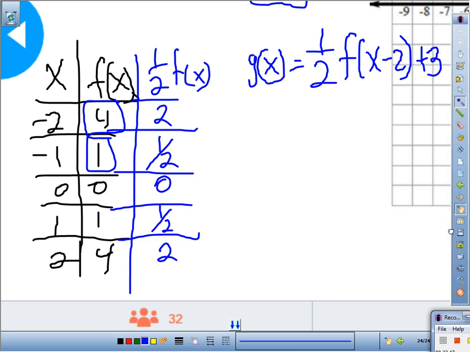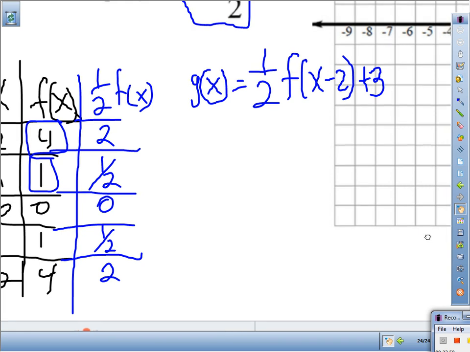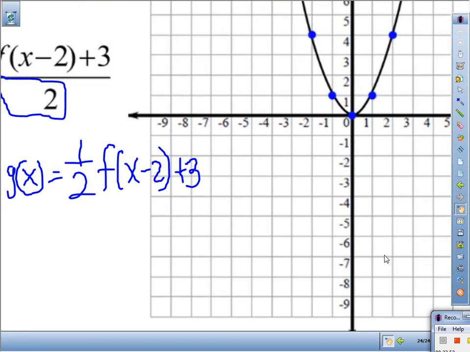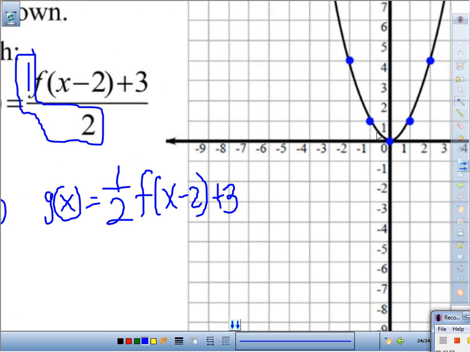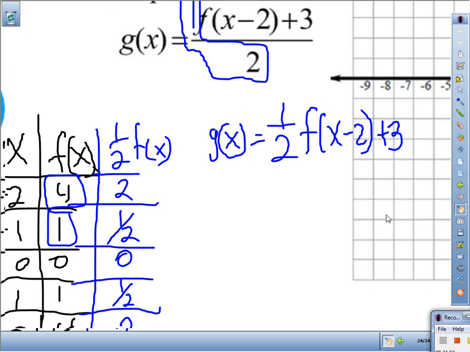All right, let's graph that so you can see at least whether it's stretched or compressed. Let's see. We have -2, 2. There it is.